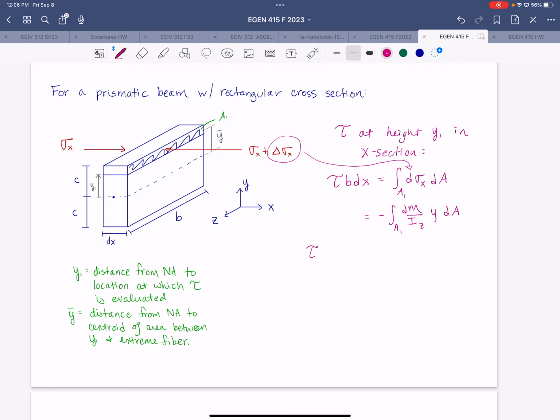So then we can write tau is equal to dM/dx times the integral over area A1 of y dA, divided by b and Iz.